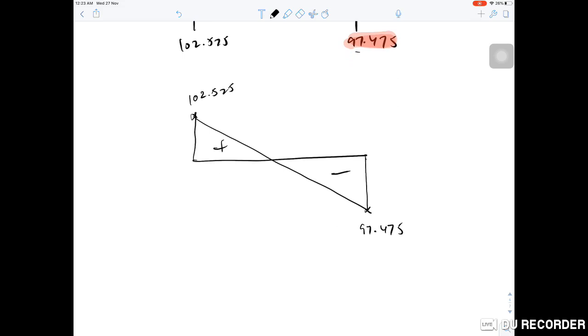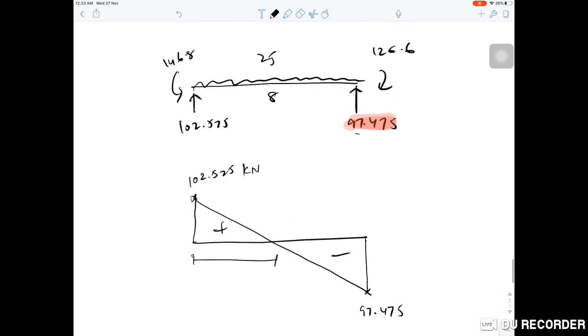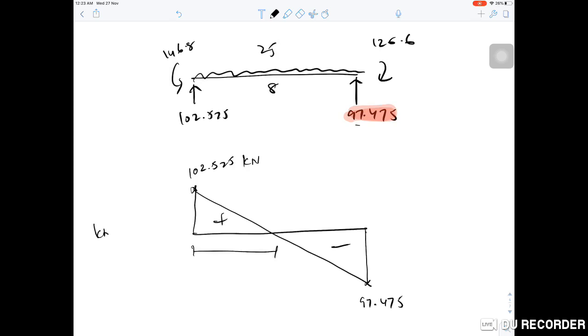Okay, now we want to check the length for this triangle. Since shear force is in kilonewton, and the length must be in meter, it is kilonewton divided by kilonewton per meter to get the unit meter.